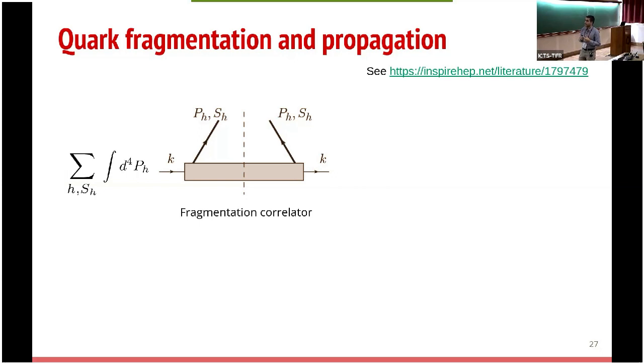Something that I recently worked on is the connection of the fragmentation correlator, or the fragmentation functions, to the properties of quark propagation. Let's think about the picture of a quark which is hadronizing. It first fragments, so there is a shower of quarks and gluons, and then it hadronizes at a certain point.